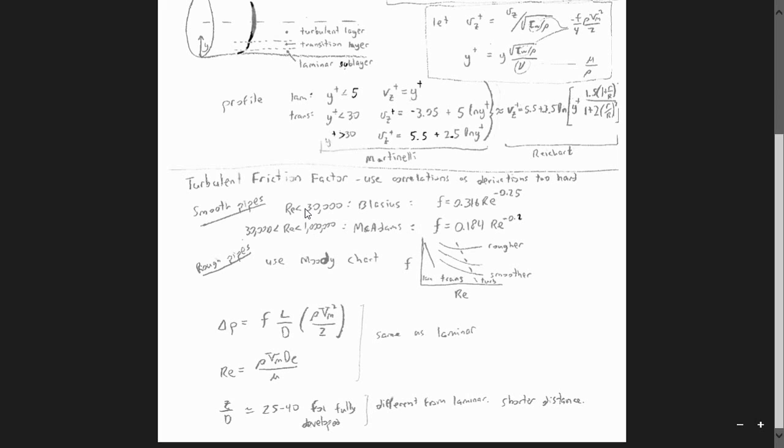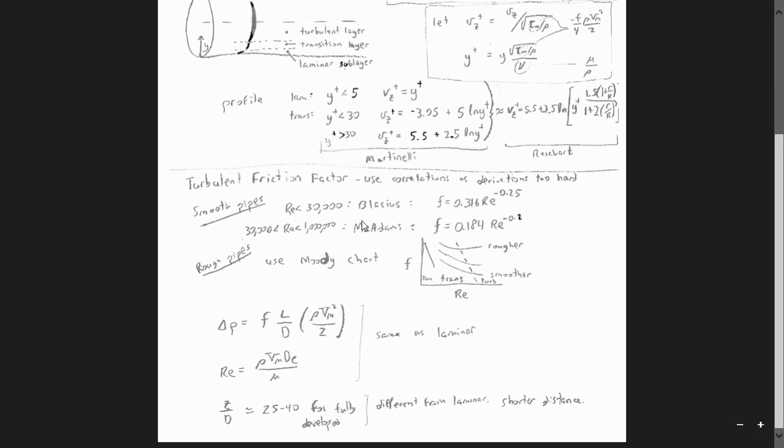I'll just note here that these Reynolds numbers, 30,000 and a million, are very large compared to the limit for the Reynolds number for laminar flow, which is about 2,000. So if we had a Reynolds number that was, say, 2,000 here, we would not use Blasius. We would use laminar flow. And if we had a Reynolds number somewhere between 2,000 and 3,000, we could try to use Blasius, we could try to use the laminar, but the real answer is probably going to be somewhere in between for what the friction factor would look like. So those are the answers for smooth pipes.